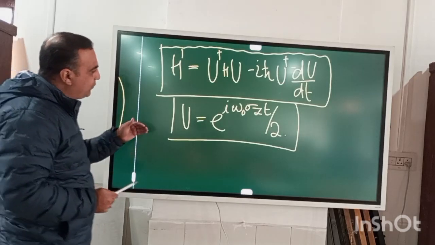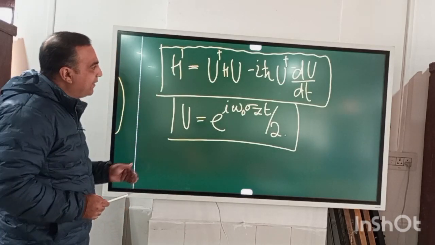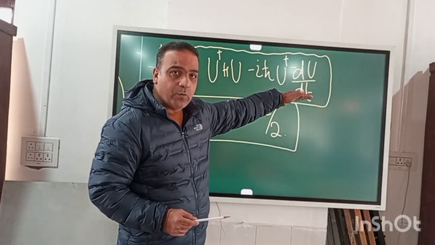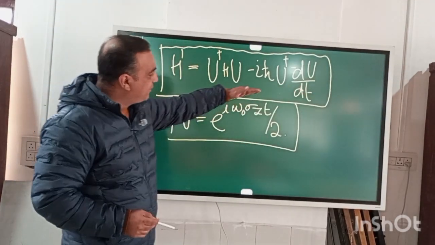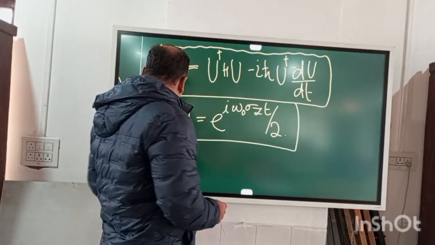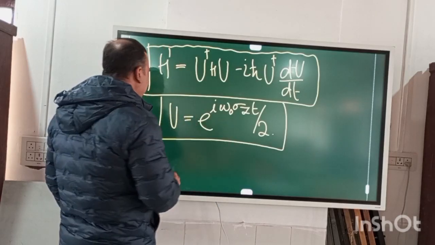So what I would like to do is get my H dash. The first thing will be to go with this part of the equation. I can evaluate it using U, and I can take its time derivative.